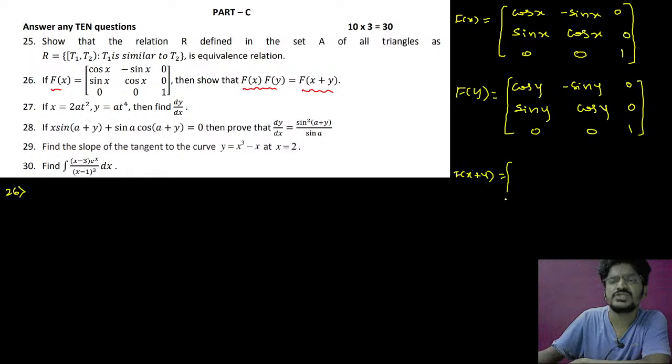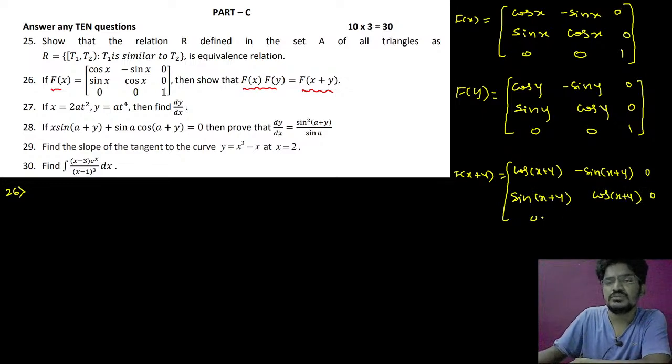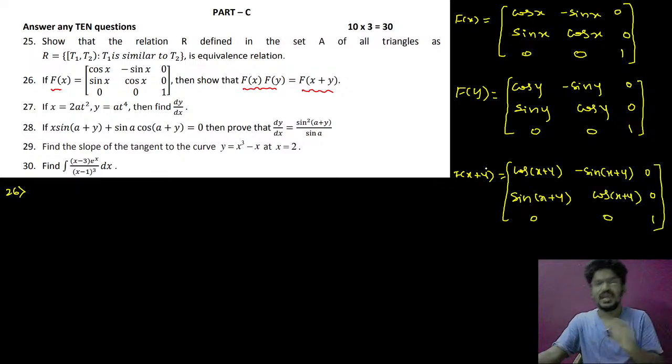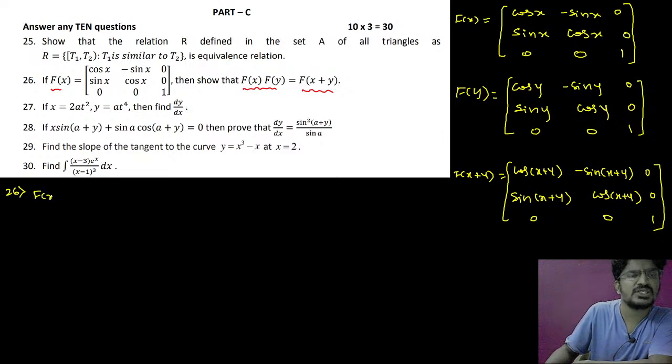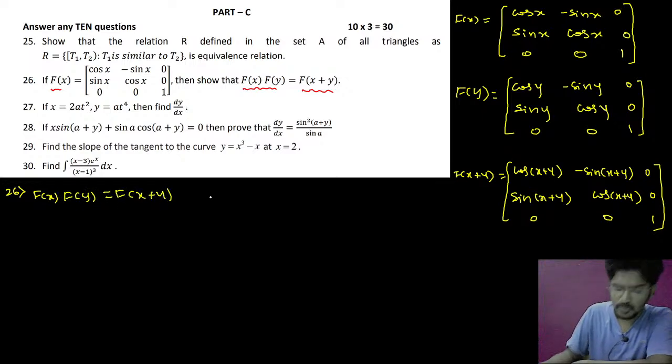F of x plus y is equal to cos of x plus y, minus sin of x plus y, 0; sin of x plus y, cos of x plus y, 0; 0, 0, 1. Okay, so f of x, f of y and f of x plus y. You should be very concentrative on this, because they have given only f of x and we have to write f of y, and we have to write this is equal to f of x plus y. Now we have to prove this.